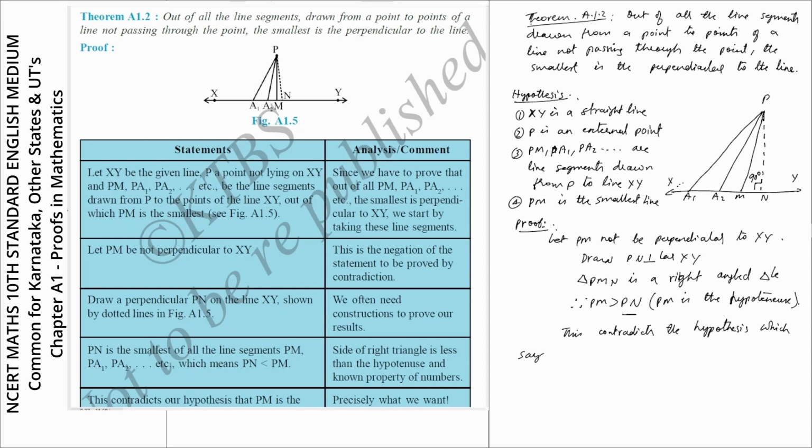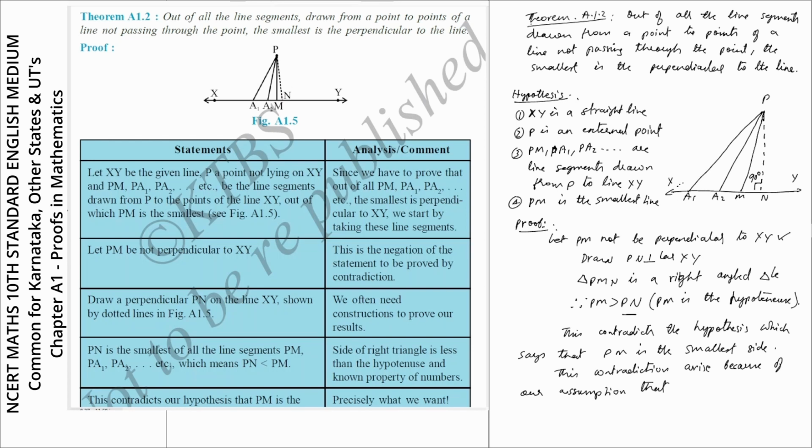Which says that PM is the smallest side. Why does this contradiction arise? This contradiction arises because of our assumption. In the first line of the proof, you can see we assumed that PM is not perpendicular to xy.